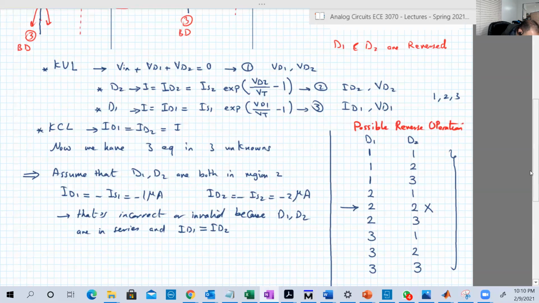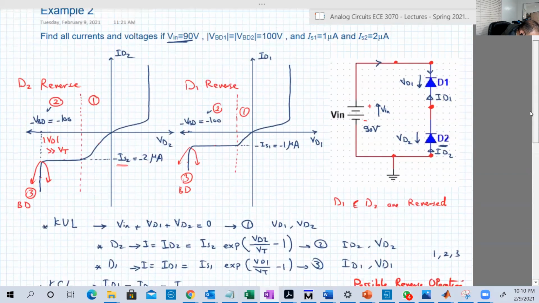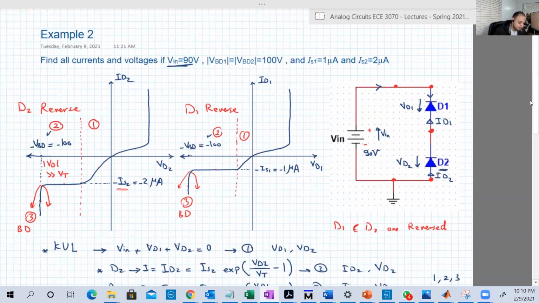So let's look here and see what should be the correct one. Let's look at the circuit now, and look at the breakdown.